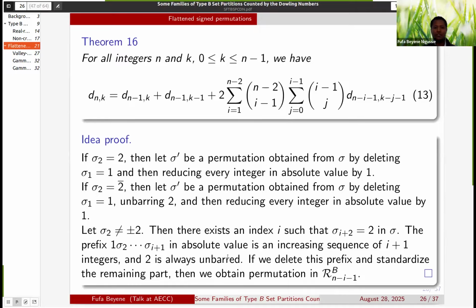So you can partition into the part before 2 and the part consisting of 2 and after 2. By deleting this prefix and then standardizing, you will be in this set, so that this part will come up.